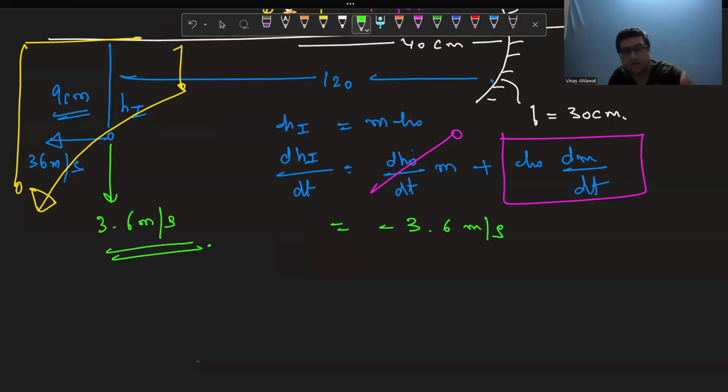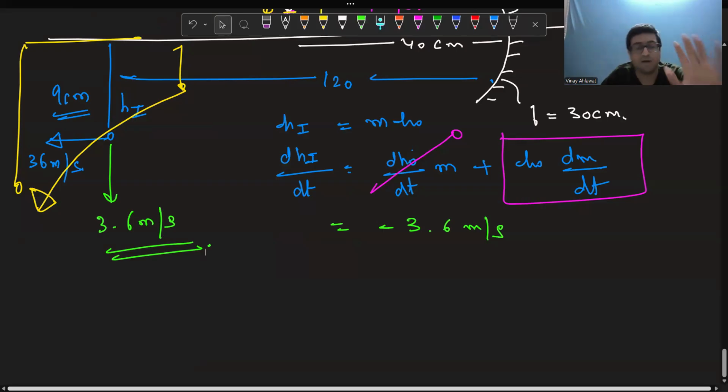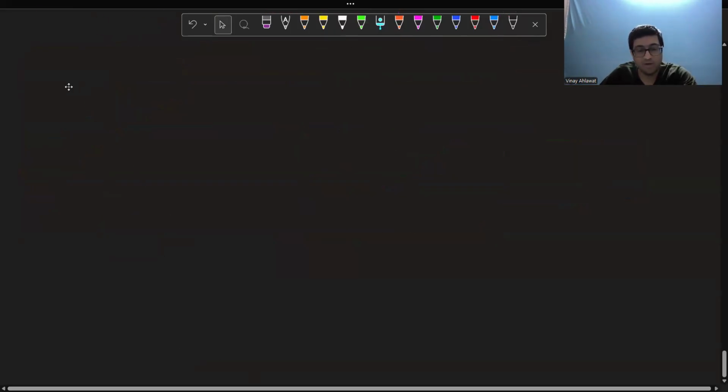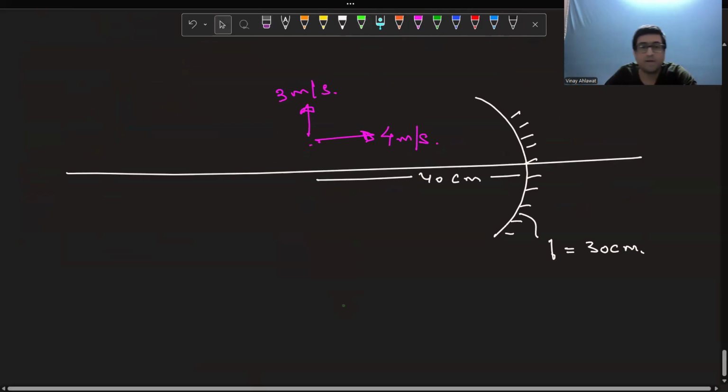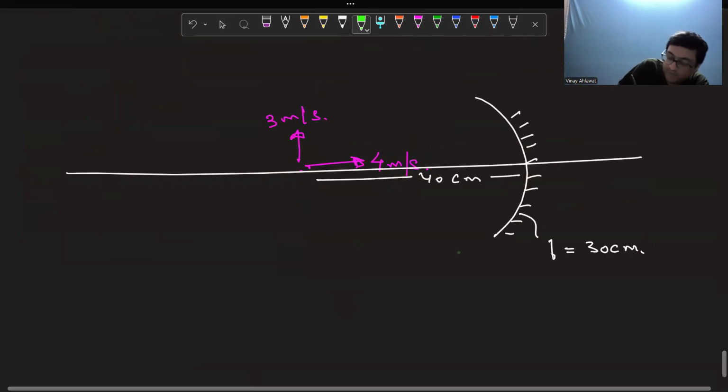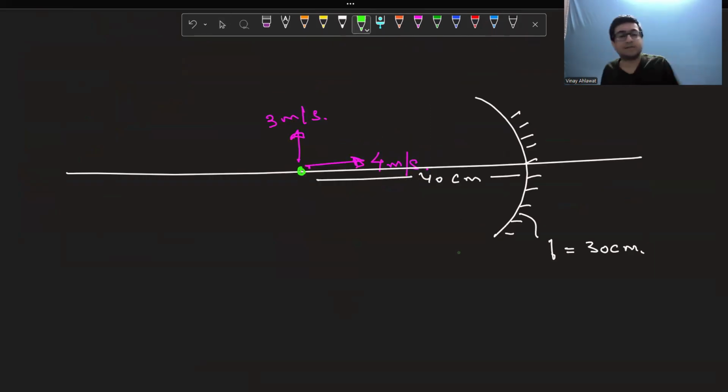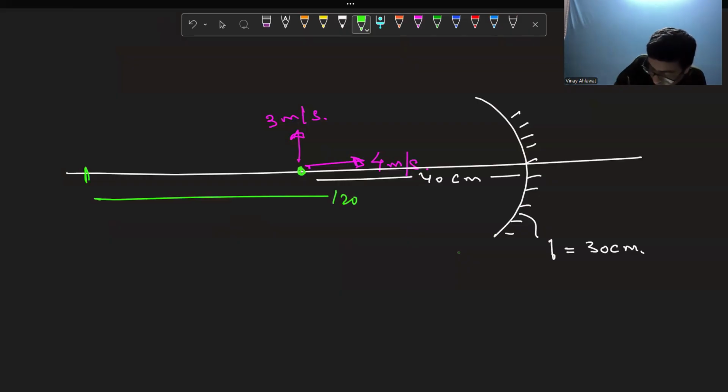That's what I said. There will be permutations and combinations available of this situation. For example, if I again change the question and say there is no height of object. This object is on the principal axis. So what? First step would be you find the image. It will still come out to be 120 centimeter.